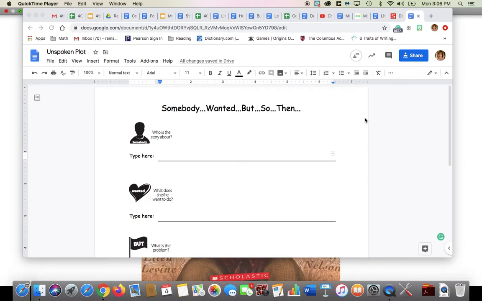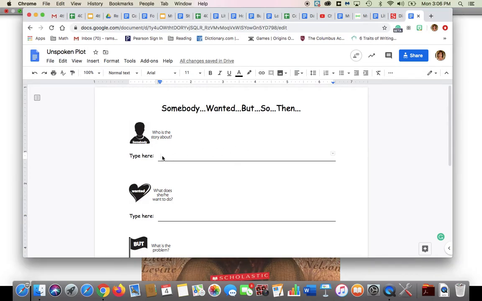So I'm going to give an example of Henry's Freedom Box, which we just did a read aloud last week. If you remember, this is a story about Henry Brown. So I'm going to go ahead and just type that with who is the story about? It's about Henry Brown.